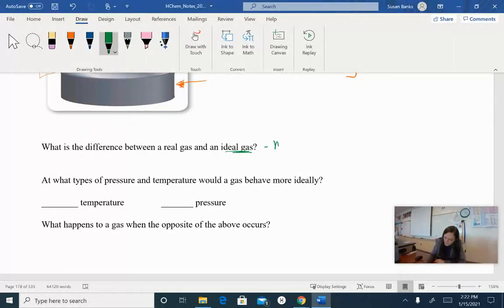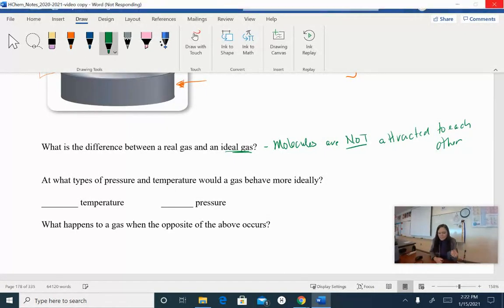Because of the lack of attraction, all those collisions are elastic, just like our postulates say. But do real gases behave like that?